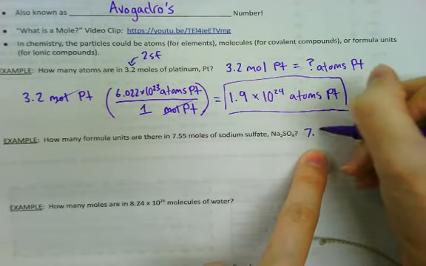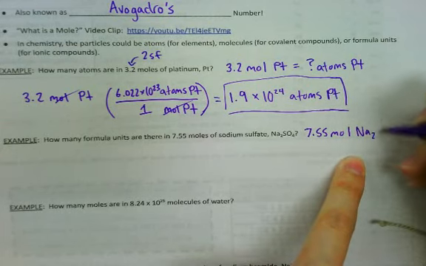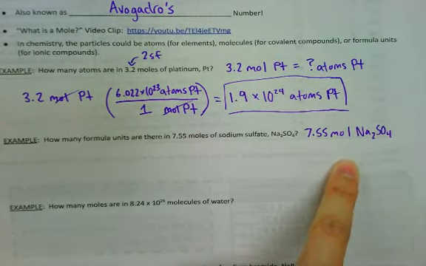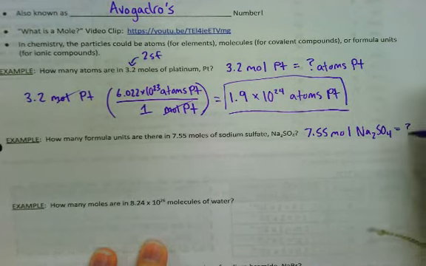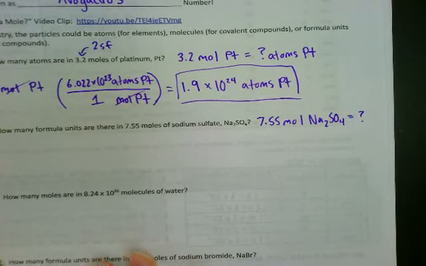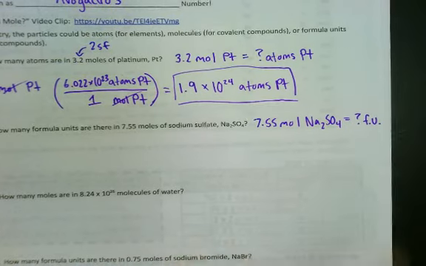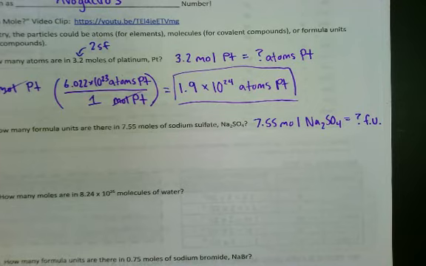So right here, again, we are told we have 7.55 moles of sodium sulfate. This is the formula for that. And we're trying to figure out how many formula units there are in sodium sulfate. To abbreviate formula units, you can write F period, U period. So yes, you can write FU to abbreviate formula units.